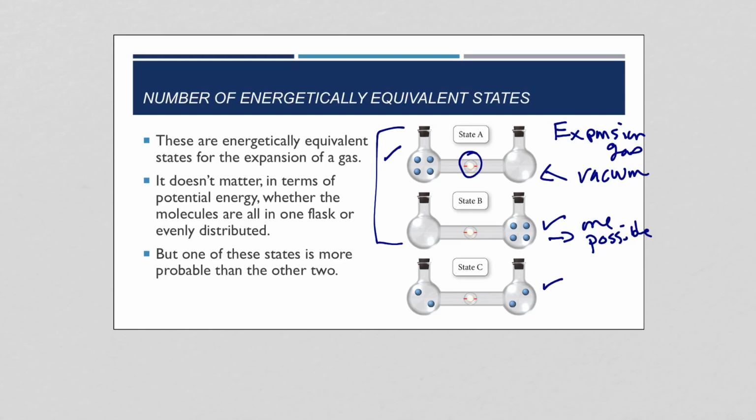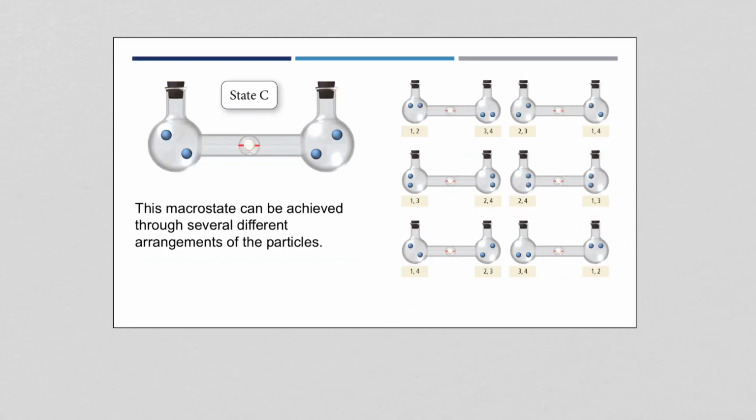But if you think of state C, and we think of these as individual molecules, then there are multiple ways to have 2 and 2. If we consider this for a second, and label each of these 1, 2, 3, 4, then we can come up with 6 possibilities on how to arrange this. So for state C, there are 6 possible arrangements. For states A and B, there's just 1.